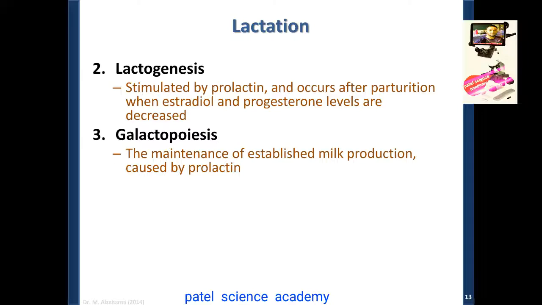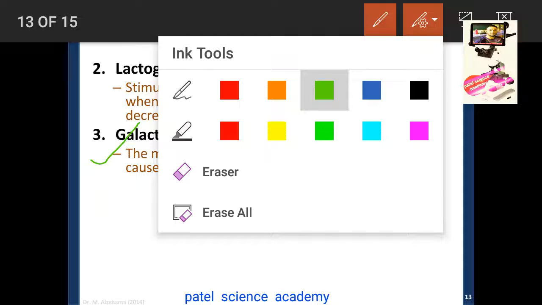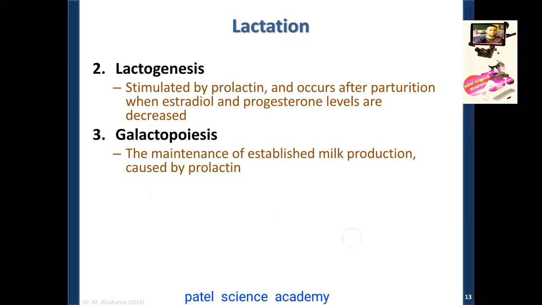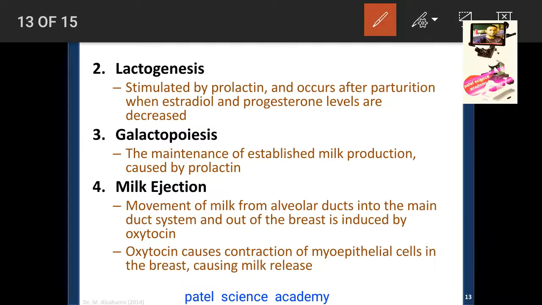Then what about the galactopoiesis? Dear students, galactopoiesis is the process of maintenance of established milk production caused by the hormone prolactin secreted by the pituitary gland. Then the milk ejection process includes the movement of the milk from the alveolar duct, as I explained you previously, into the main duct system and out of the breast, and is induced by the hormone oxytocin.